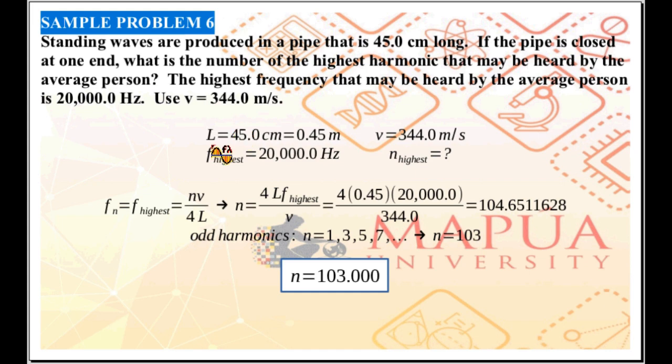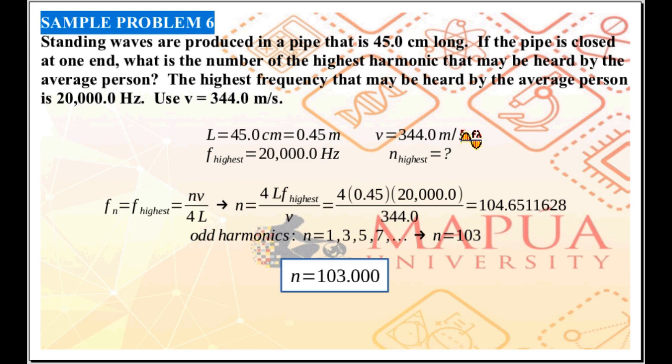So length L of the pipe is 45 centimeters. Convert to meters. The highest frequency that may be heard by the average person is 20,000 Hertz. The speed of sound to be used is given as 344 meters per second.